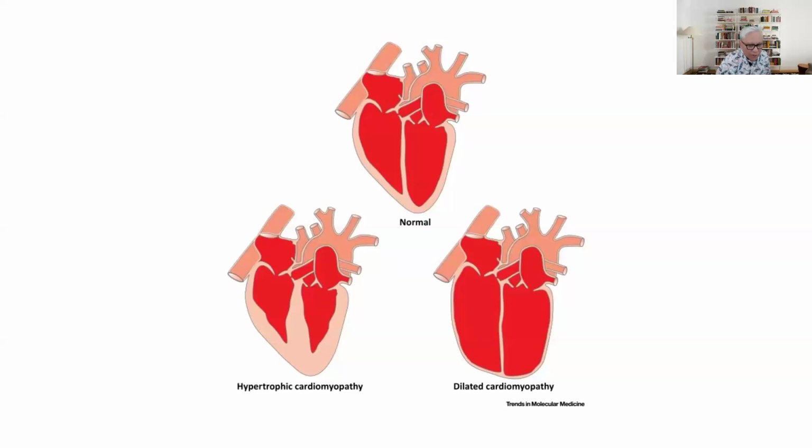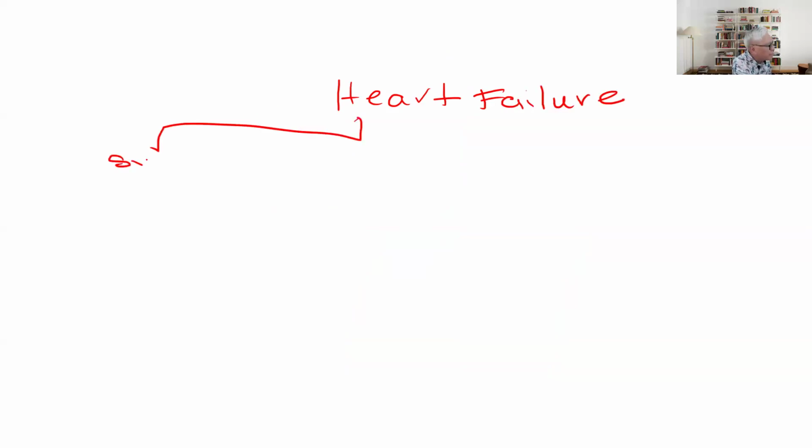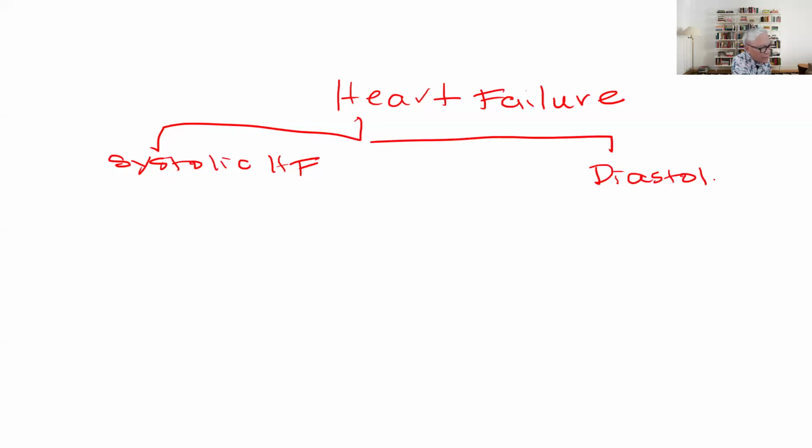All right, so whenever we have heart failure, there are actually two ways in which the heart can fail. One is what's called systolic heart failure, and the other is what is known as diastolic heart failure. When we say systolic heart failure, the heart cannot pump enough blood.